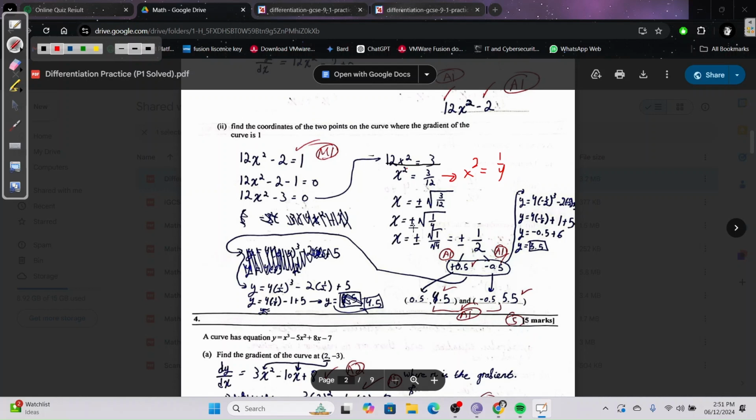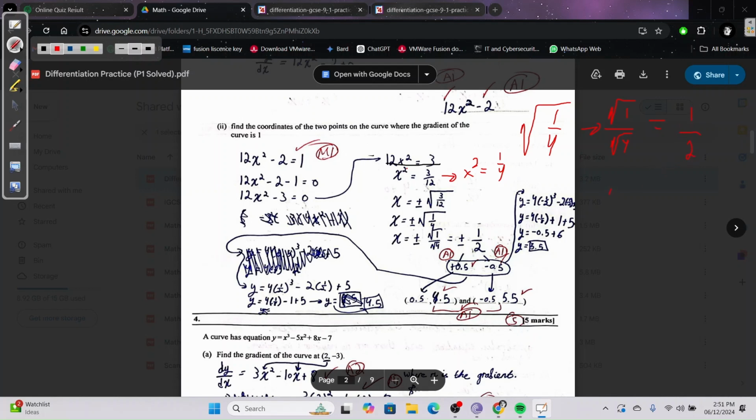x equals plus or minus root 1 over 4. Now to solve this, again, you should not evaluate fractions and roots. This means it's going to be root 1 over root 4, which is just going to be root 1 is 1, root 4 is 2, because remember 2 squared is 4, so 1 over 2.